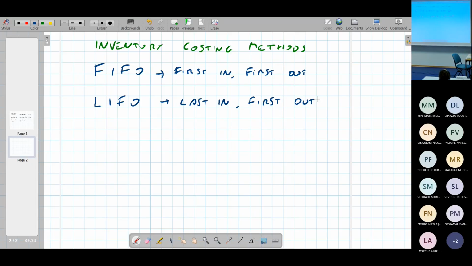There may be other systems out there. For instance, the units with the highest value are sold first, so HIFO. But those are not allowed by accounting standards. You can also calculate an average, so you can use the weighted average cost.